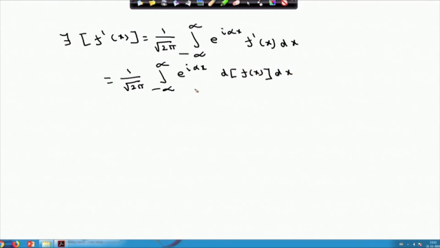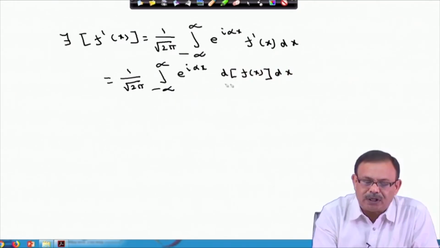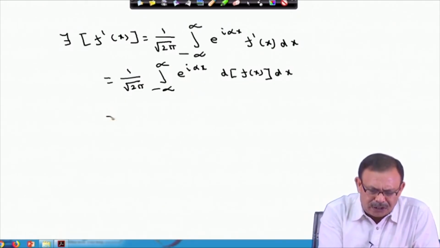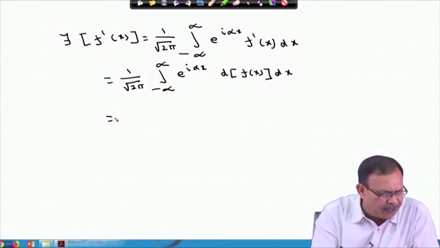So that now I can take one as the first function, the other as the second function, and I can integrate it by integration by parts.